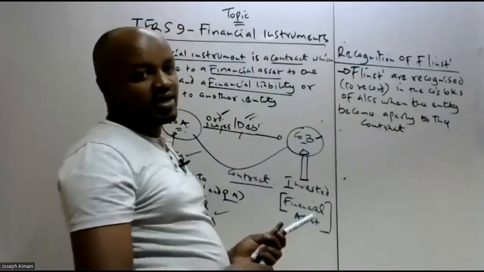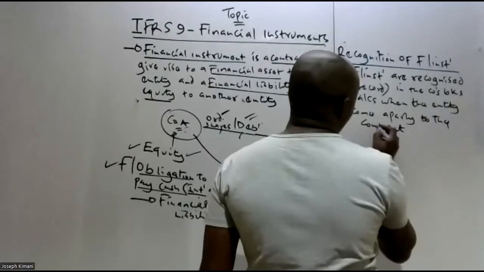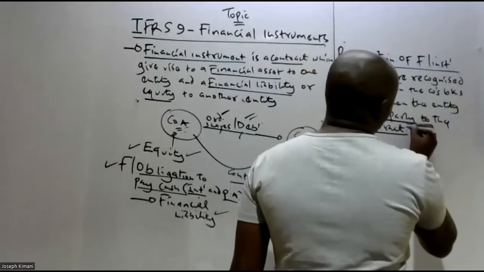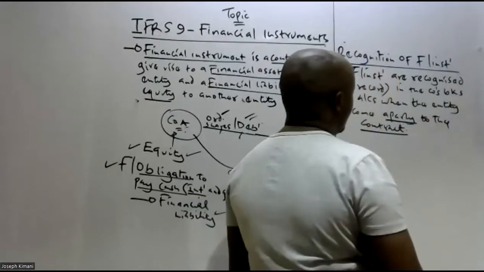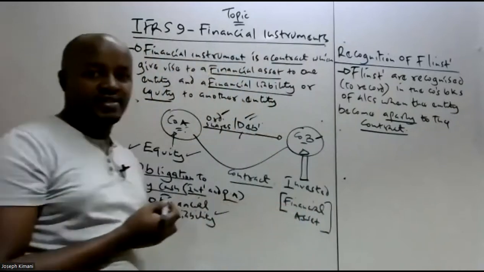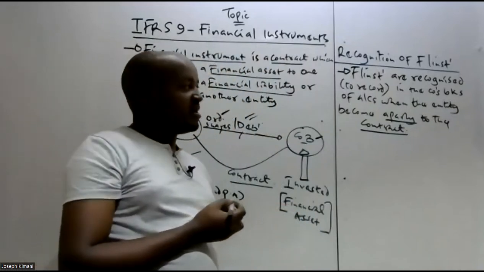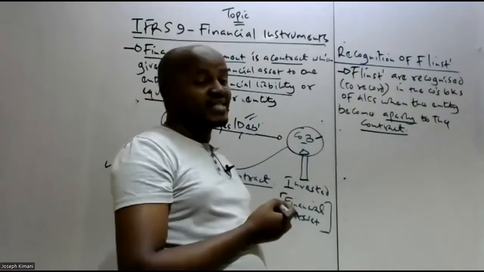When the company becomes what? A party to the contract, and then it should go ahead and recognize, or basically record, such shares or debentures in its books of accounts.